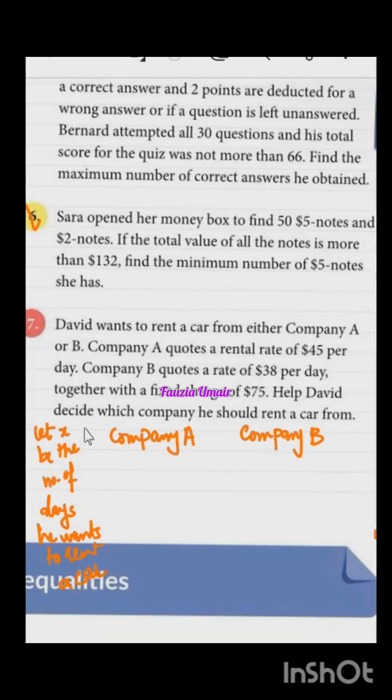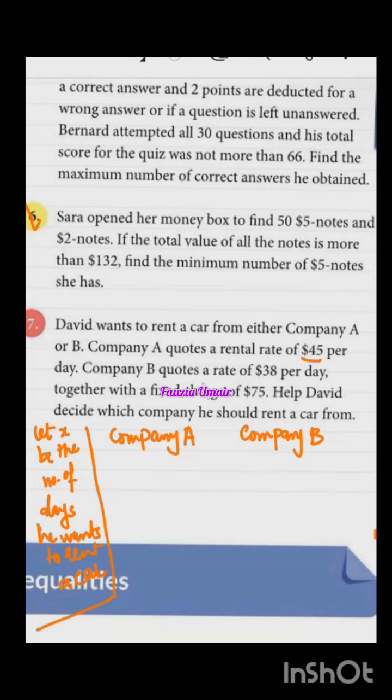That is the supposition we are making. Now company A is only charging $45 per day.